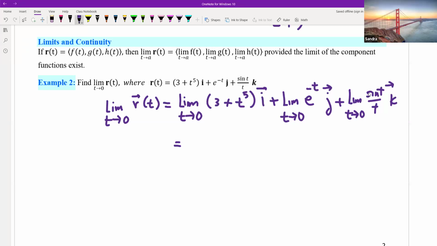Well, the limit as t goes to 0 for this polynomial, if I substitute the value directly into the limit, will just be 3, so 3i. If I substitute t equal to 0 into e to the negative t, that will give me a 1.